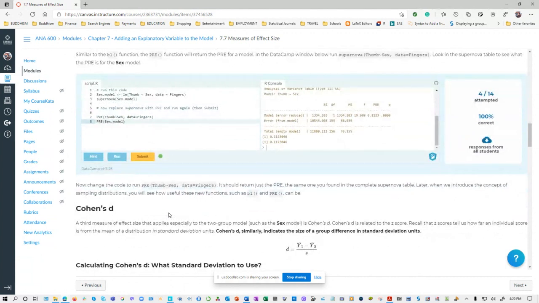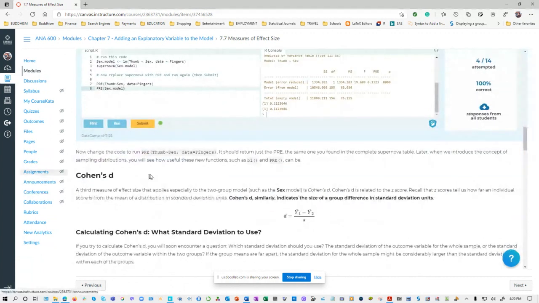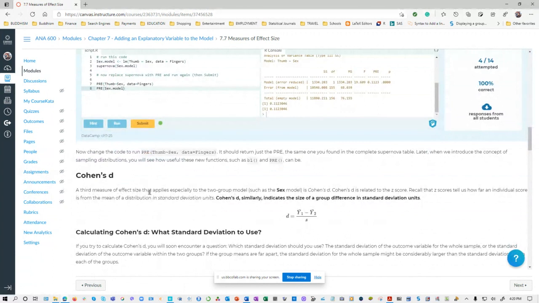Now the third measure of effect size is called Cohen's d. It applies especially to the two-group model, such as the sex model. Cohen's d is related to the z-score.